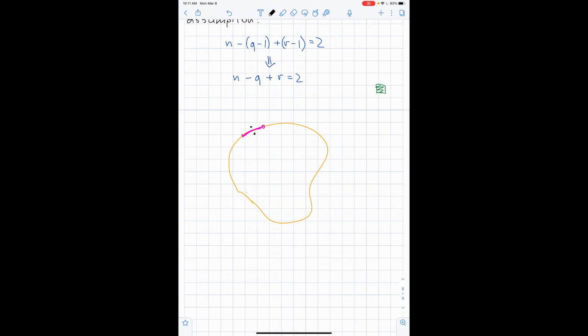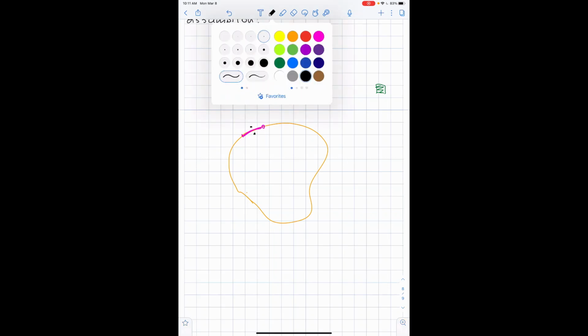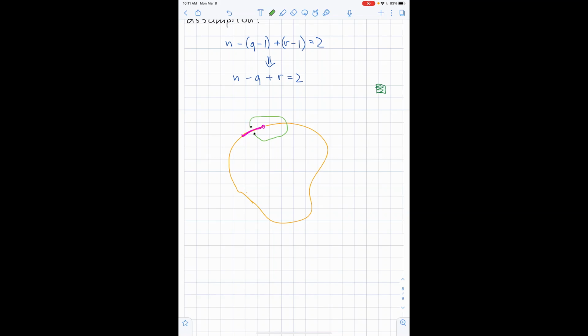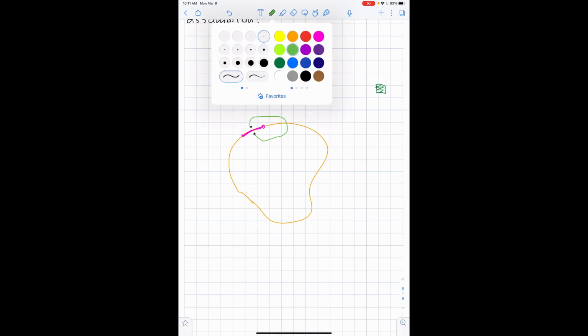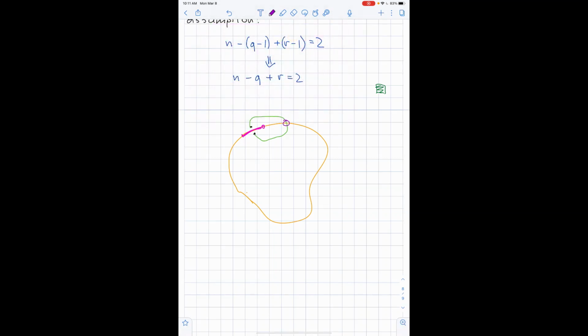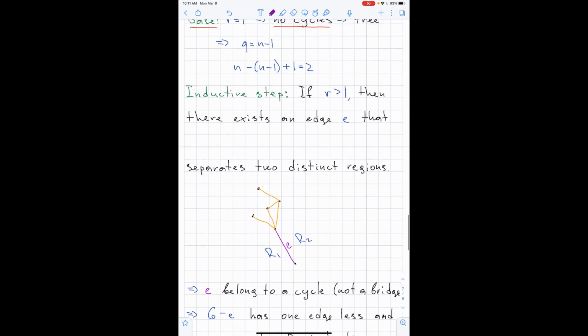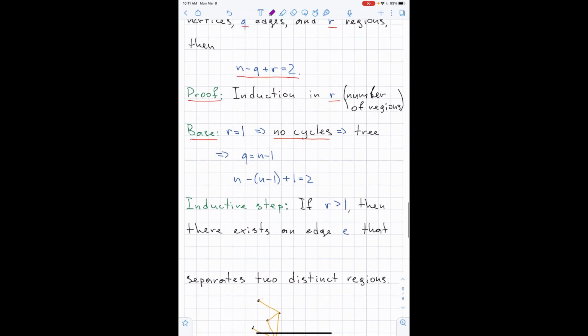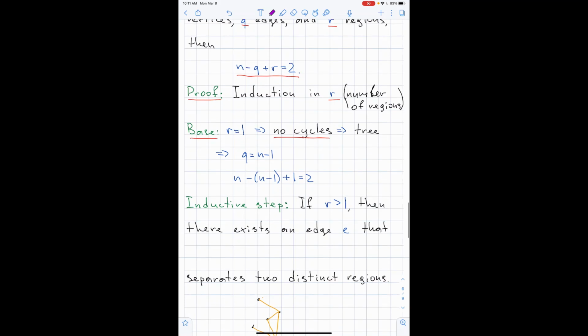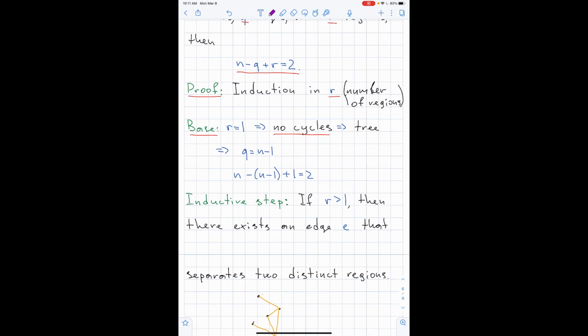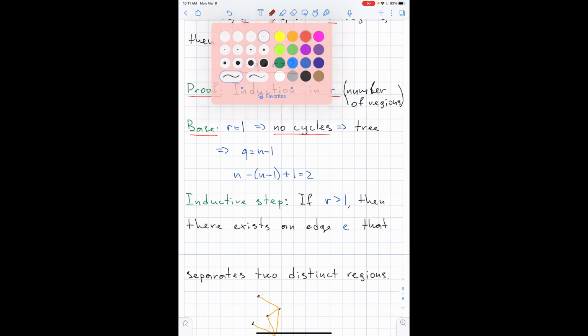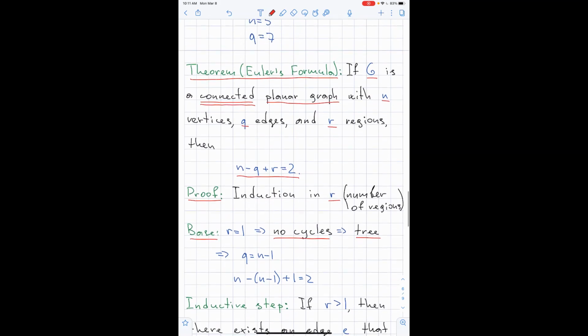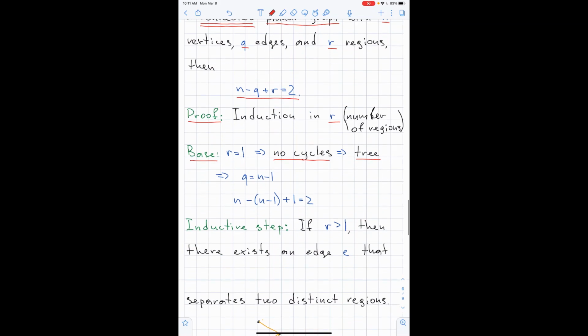Then it's clear that we cannot connect these 2 points by a curve without intersecting our cycle. So if we just have one region, that means that the graph has no cycles, and therefore it is a tree. We did assume that the graph is connected, so it's connected and has no cycles, so it is a tree.